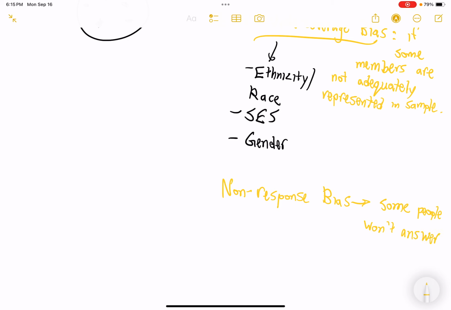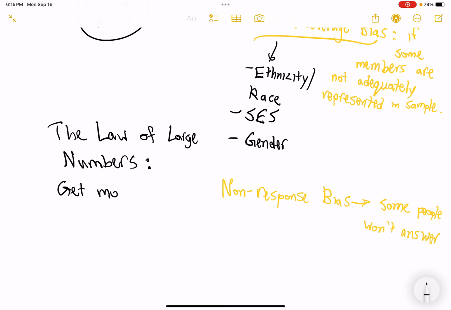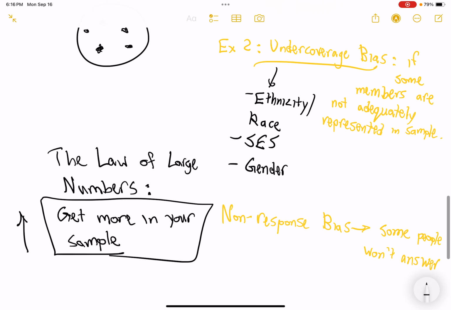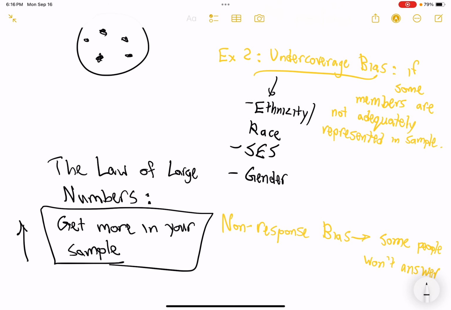Now the key for this one, and we'll go over this later, is something known as the law of large numbers, which just states get more in your sample, if you will. If you were in class, you saw me jumping on the table saying this. The more people you sample, the lower your issues become for these other kinds of bias.